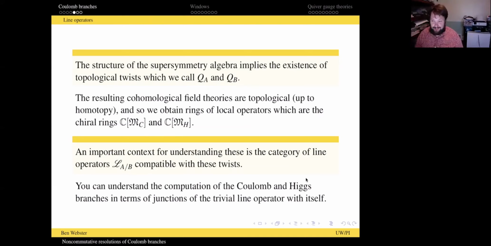That's this ring of local operators. And what you do when you take this twist is either you're adding in a differential, or if you listen to Kevin and Owen Gwilliam, they already had a differential, and what you're doing is deforming it.